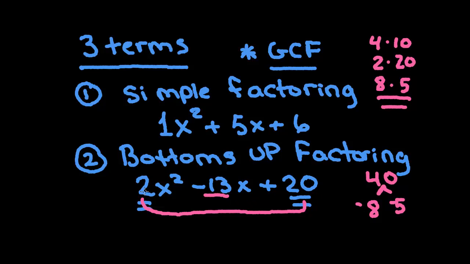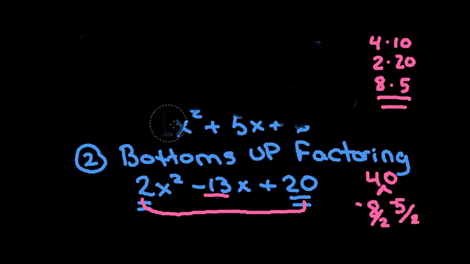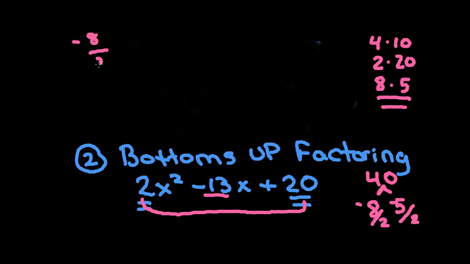Now, since I multiplied by 2 in the beginning, now I'm going to divide each of these by 2. Let me go ahead and just erase some up here. So I have negative 8 over 2 and negative 5 over 2.